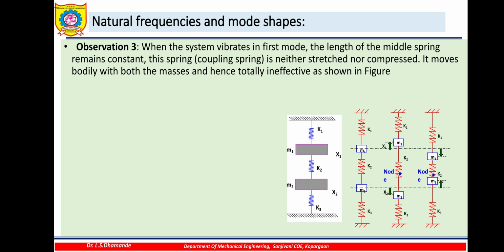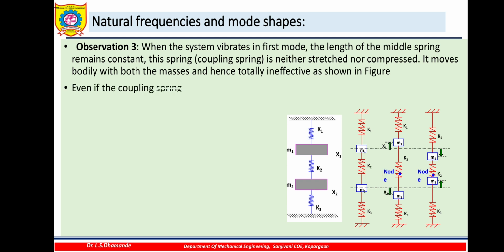It means that in the first mode of vibration, as you can see in this diagram, this mass moves up and this mass also moves up, both in equal displacements. Definitely when both masses are moving upward, this K1 will get compressed and this K3 will get extended, but this K2 will remain unextended. Therefore you can say that it is ineffective in the first mode.